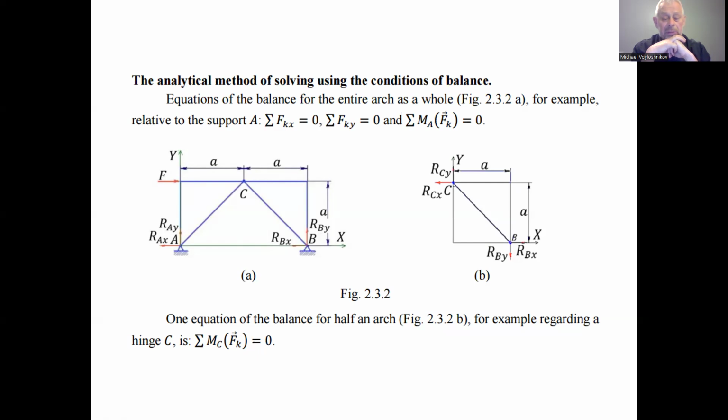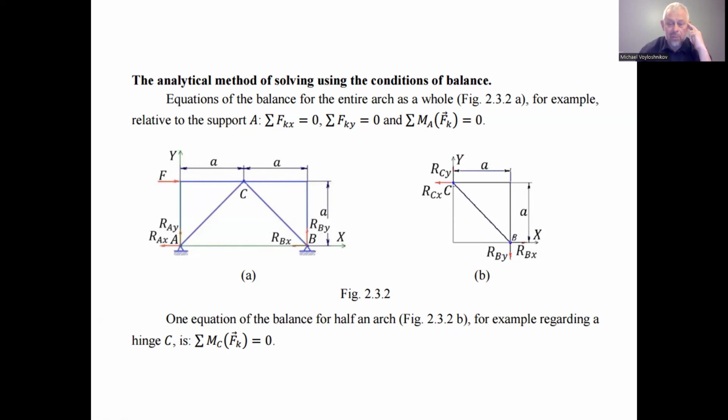When we use the analytical method, we have to write the balance equations. The balance equations, for the flat state if the forces are in the flat: the projections of forces on the abscissa axis equal to 0, and the projection of all forces on the ordinate axis equal to 0.